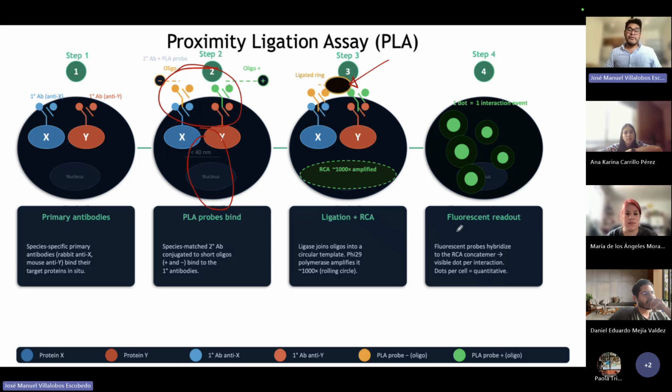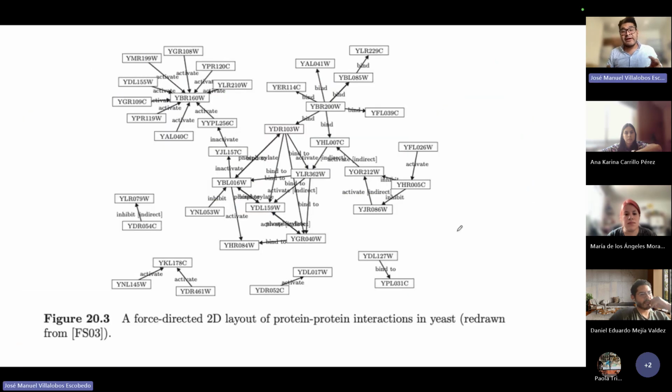Okay, but you can see here that we are just trying to look at the connection between our nodes, you know? This is just watching if we have a connection or not. So at the end, we can finish with this kind of thing. When we are checking protein interaction, we can say, for example, okay, this one is binding to this one, and this one is binding to this one, or this one is binding to this.